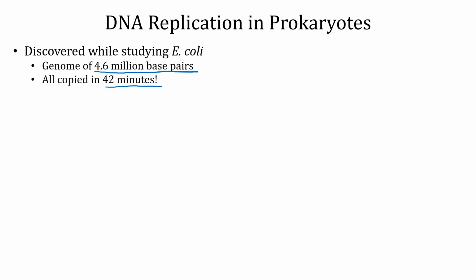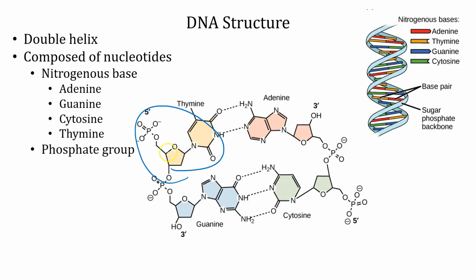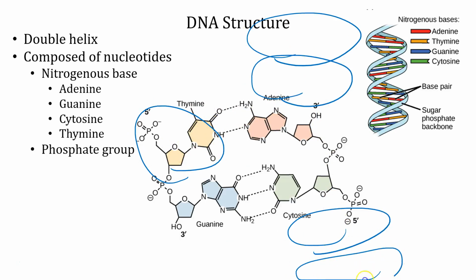If you have a model organism that's copying its genome pretty fast, it makes it easier to study that process of DNA replication because there are a lot of trials, so to speak, in a short amount of time. If you do the math on this, it figures to be 1,000 nucleotides of DNA added in 1 second in prokaryotes. If we go way back to this picture, remember these are nucleotides in a strand of DNA, and 1,000 are added in 1 second.